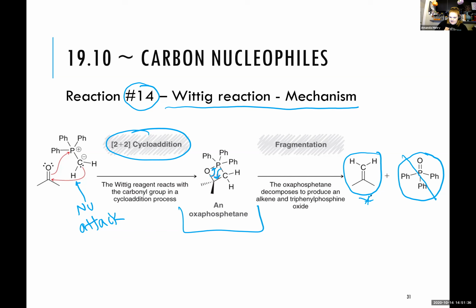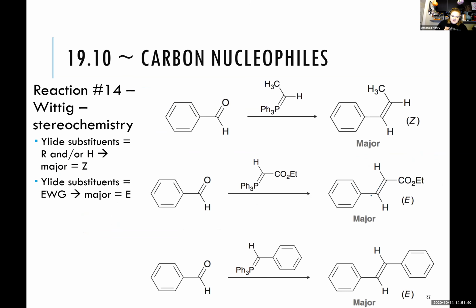Let's talk about the stereochemistry then. There's different stereoselectivity rules based on what's attached to our ylide. So this is a stereoselective reaction. That means that both isomers can form, but one will be the major product.